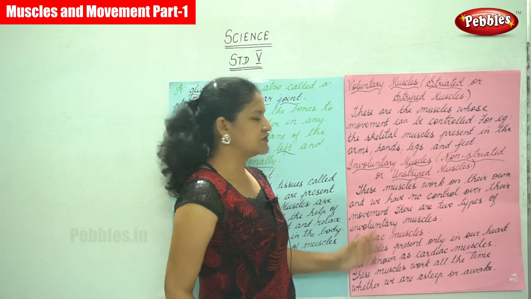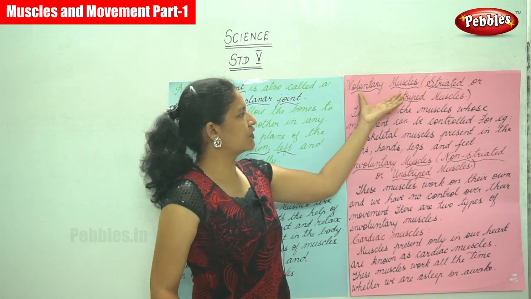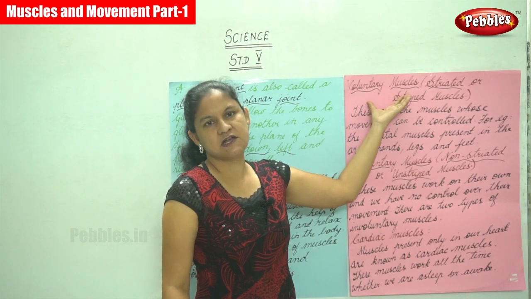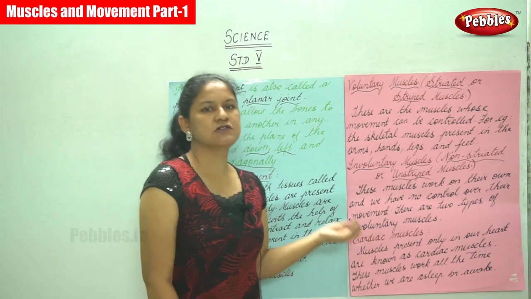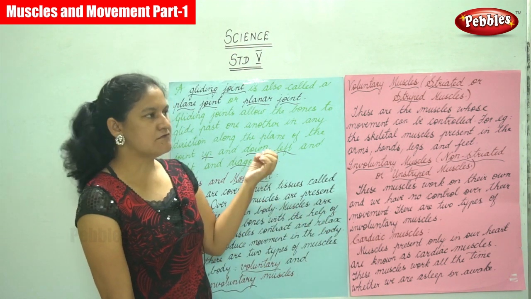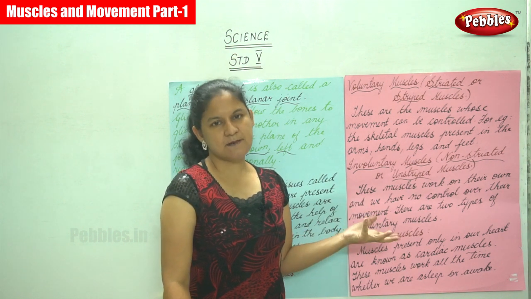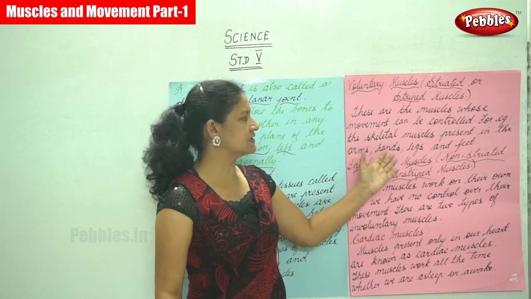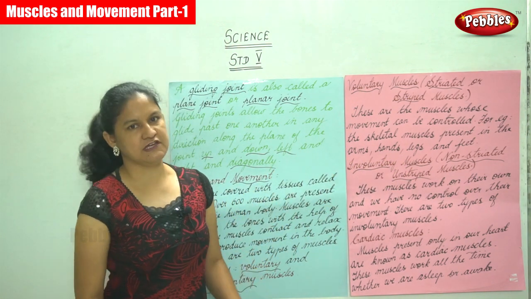There are two types of involuntary muscles. We've spoken about the voluntary muscles, also known as your striated or striped muscles, whose movement can be controlled. Examples are the skeletal muscles present in the arms, hands, legs and feet.